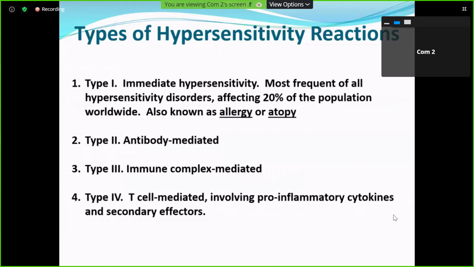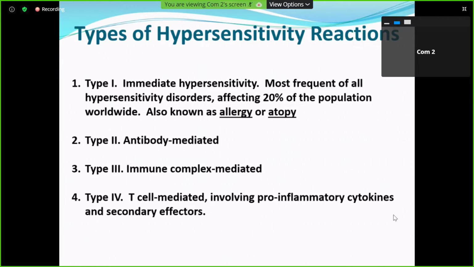Type 1 sits by itself because type 1 involves the IgE antibody, and it involves Th2 responses, because Th2 cells, if you remember, by making IL-4, 5, and 13, induces B cells to undergo isotype switching to make IgE.